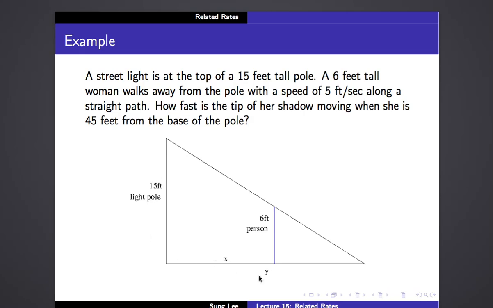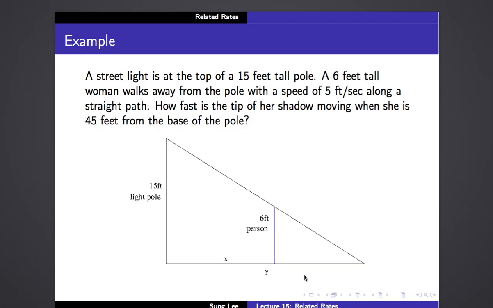There are two quantities involved in this case, X and Y. X is the distance from the light pole to the woman, the lady who is 6 feet tall, and Y represents the distance from the light pole to the tip of her shadow. That's going to be Y.